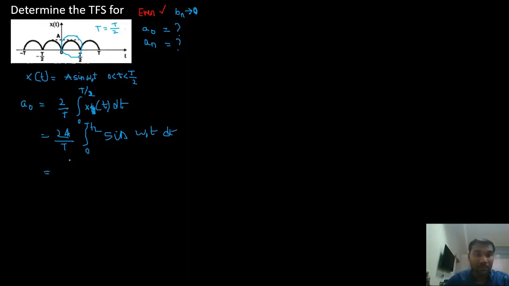That is equal to 2A by T. Integration of sine is minus cos omega naught t divided by omega naught, limits 0 to T by 2.